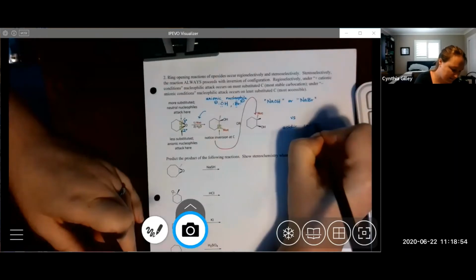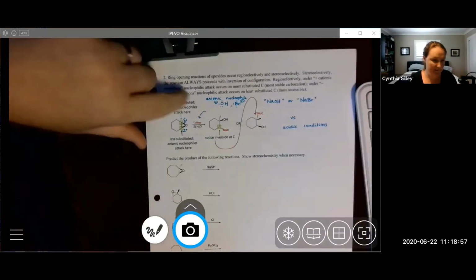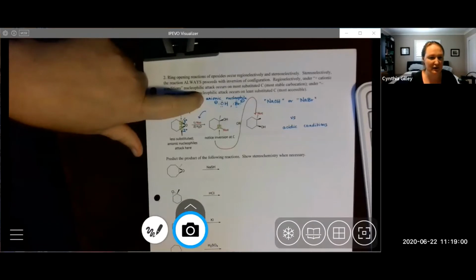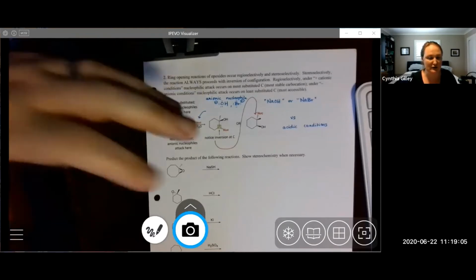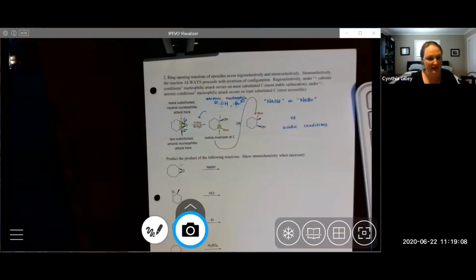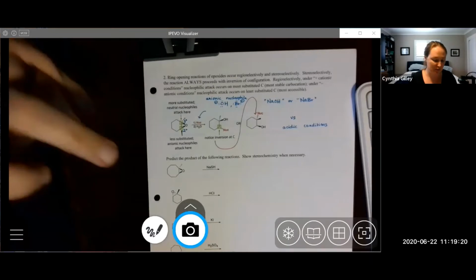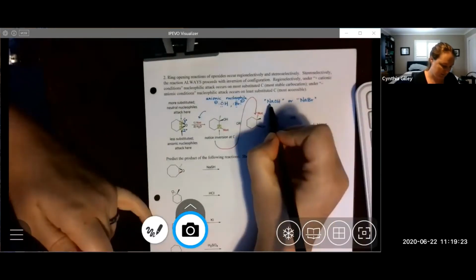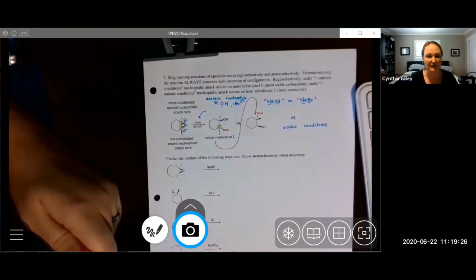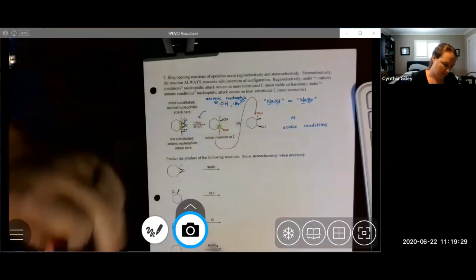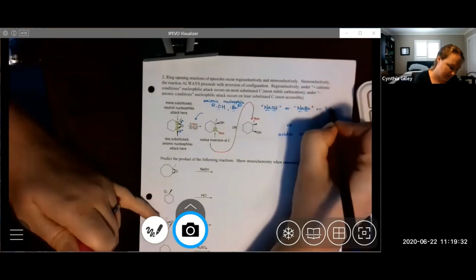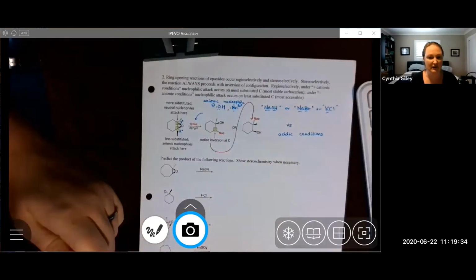Sometimes the anionic nucleophile is called basic conditions, but that's not a very good name because we're using a nucleophile, not a base. They sometimes interchange those terms because strong nucleophiles are typically also strong bases. What makes a strong nucleophile and what makes a strong base are correlated, but they're not the same. It's better to think of it as having sodium and the counter ion. That's one type of condition. Or you might even see KCl, just to give another example.